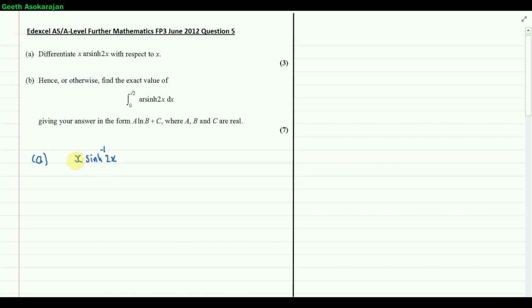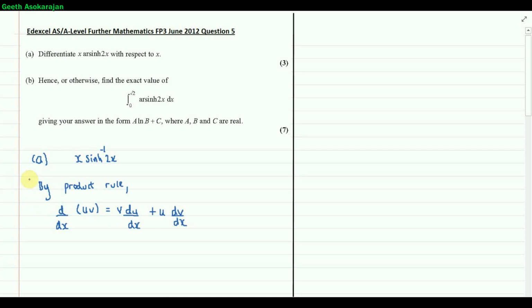To differentiate this product, we need to use the product rule. Let me write it down. Remember the rule: d by dx of uv is v du over dx plus u dv over dx.